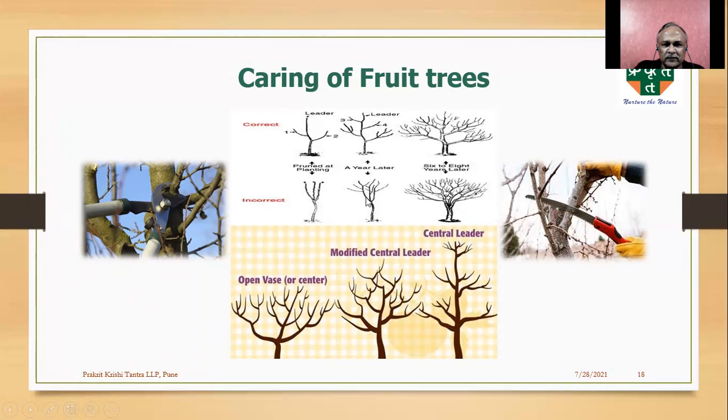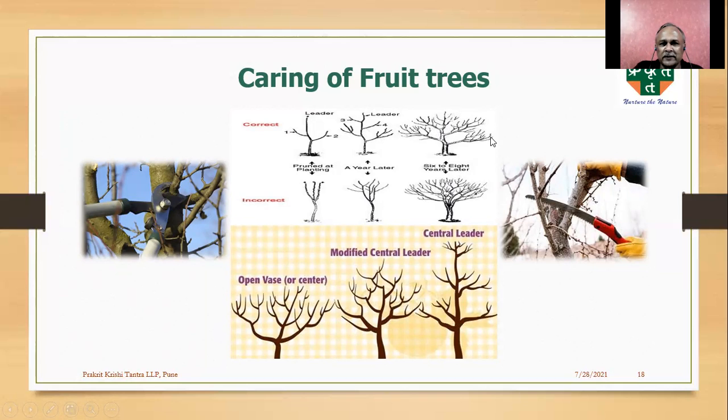Here you can see further growth will be like this, and then further growth will be like this. You can see these three main stems, and then too many branches and too much bushiness. But here, if you properly prune it and allow the structure to take shape, then you see that strong branches are coming up at every level.